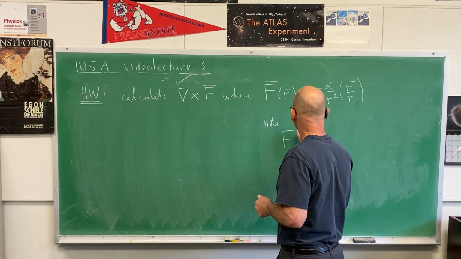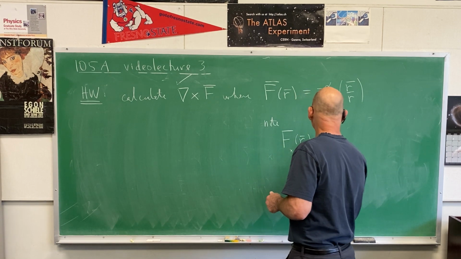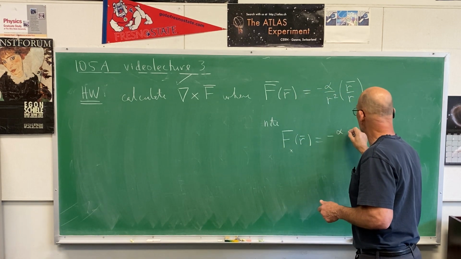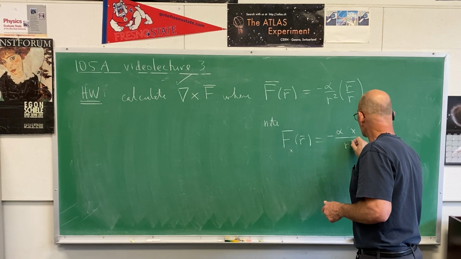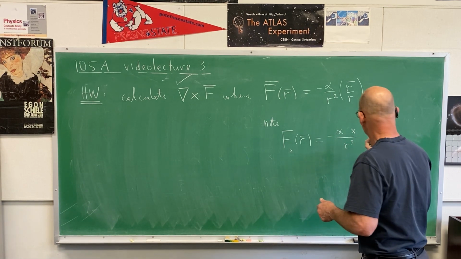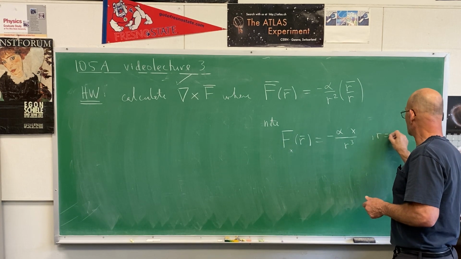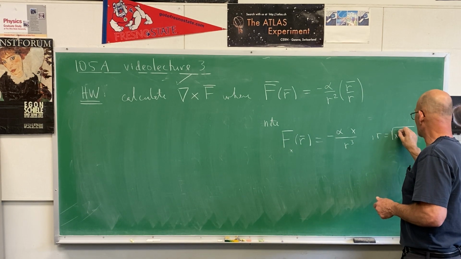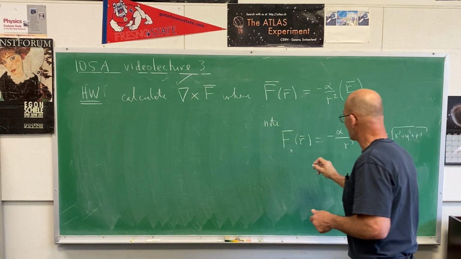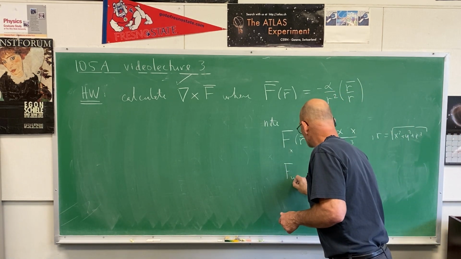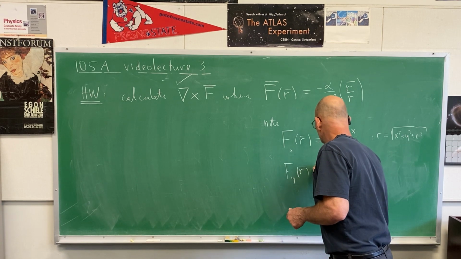Fx of r is equal to minus alpha x over r cubed. R, of course, as before. And then Fy, I'll just do Fy as well, so you see what's going on.